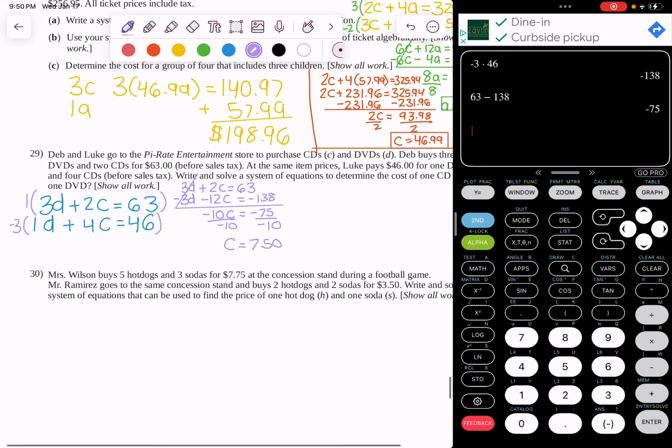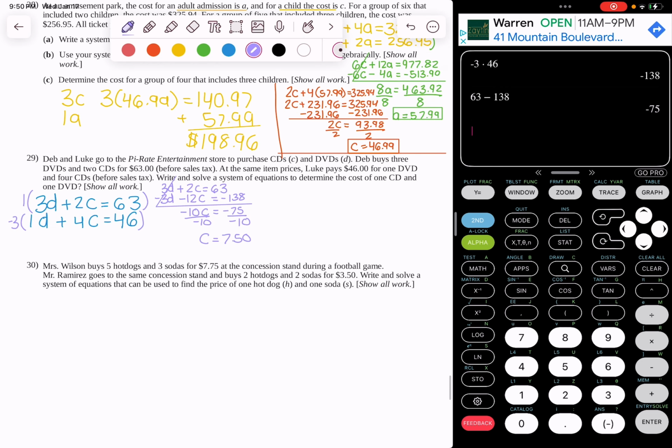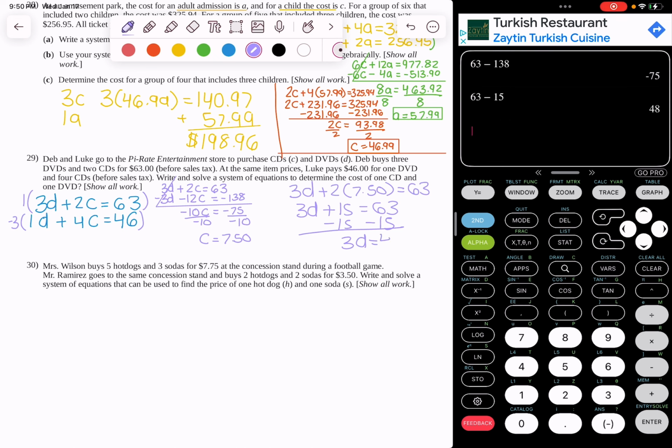All right, now to find how much DVDs are, let's rewrite the first equation. 3D plus 2 times $7.50, which is 15, equals 63. Minus 15, we will get that 3D is 63 minus 15, which is 48.